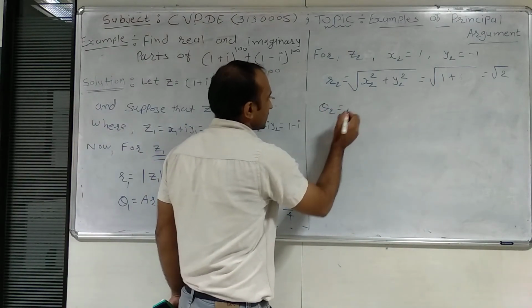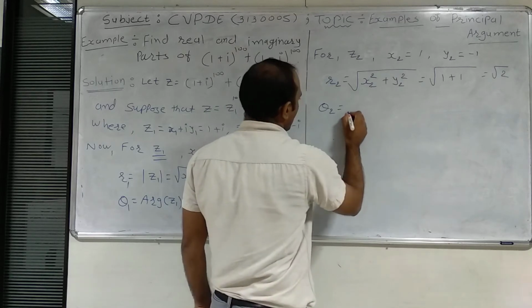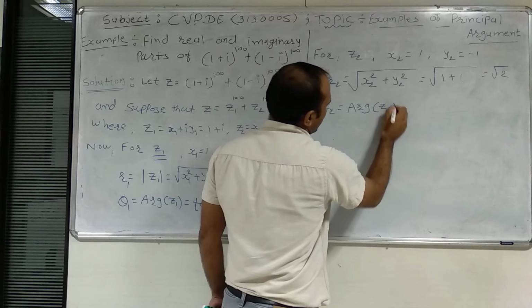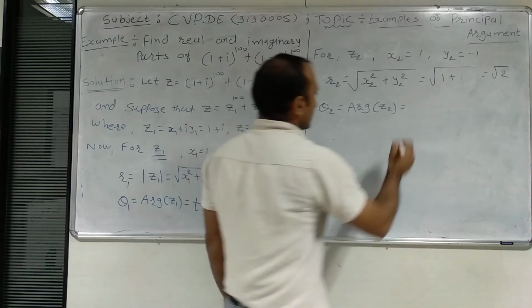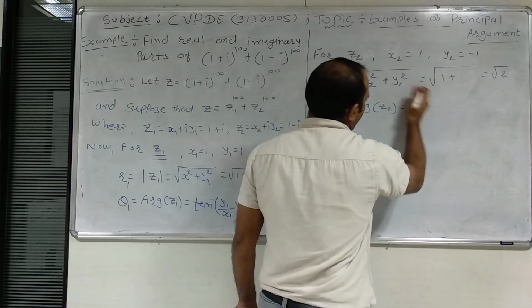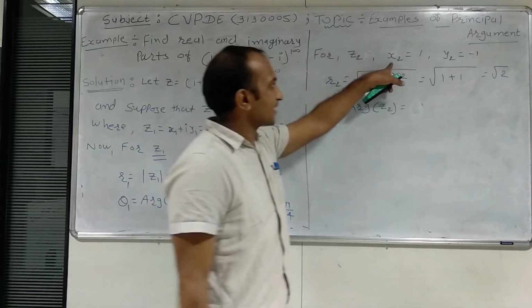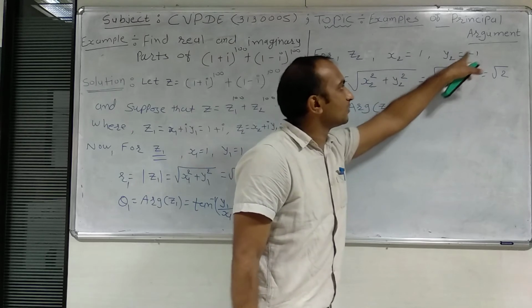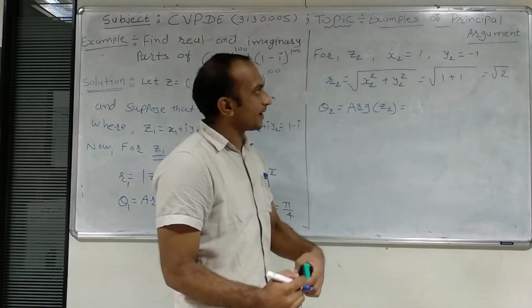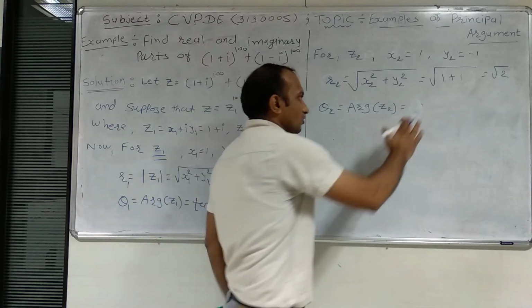Now theta 2. Theta 2 is principal argument of z2. Now this x2 is 1 and y2 is minus 1. That means x is positive, y is negative, that means it's the fourth quadrant.